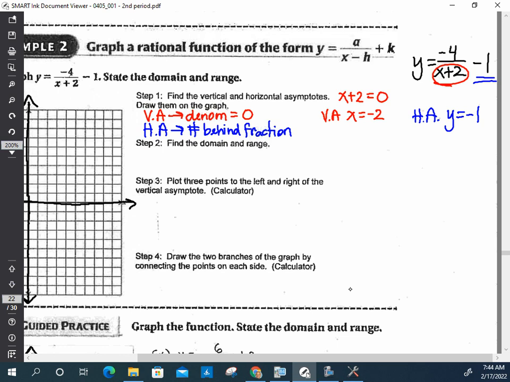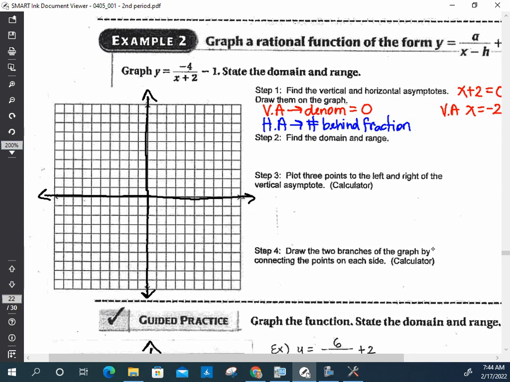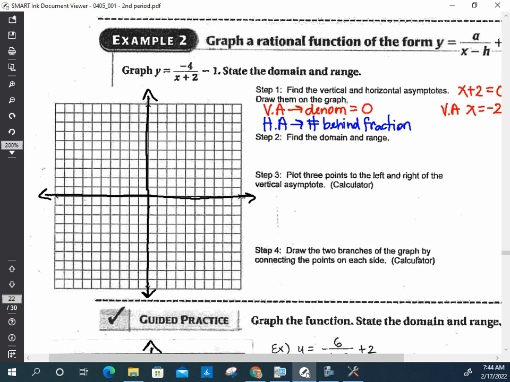So once you have your vertical and your horizontal, go ahead and put them on the graph. So vertical asymptote, go to your x-axis, find -2, put your dotted line down -2.